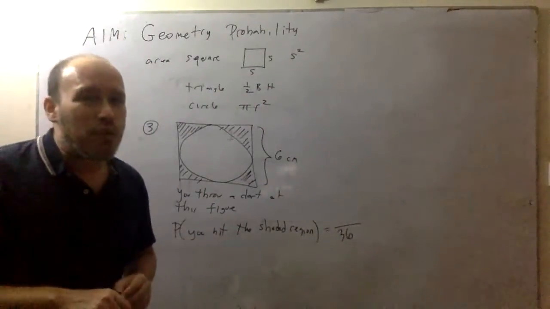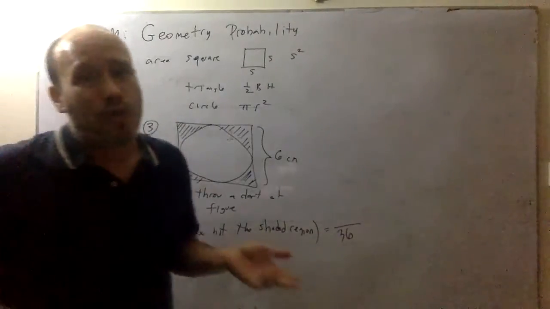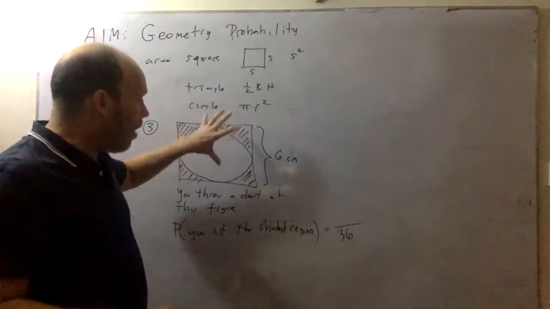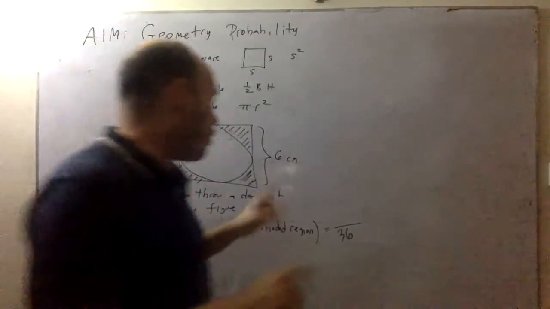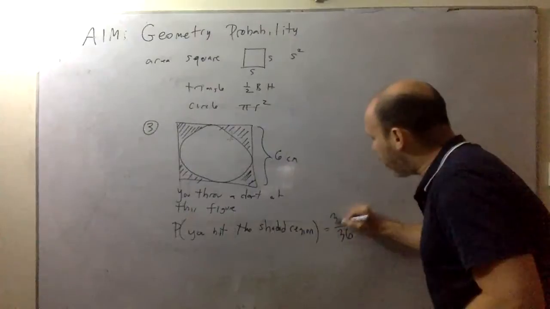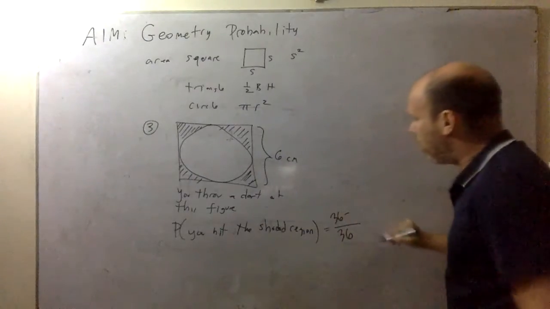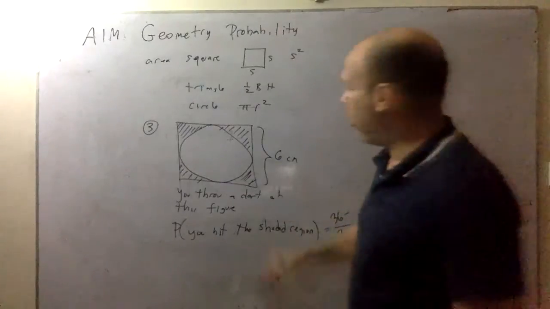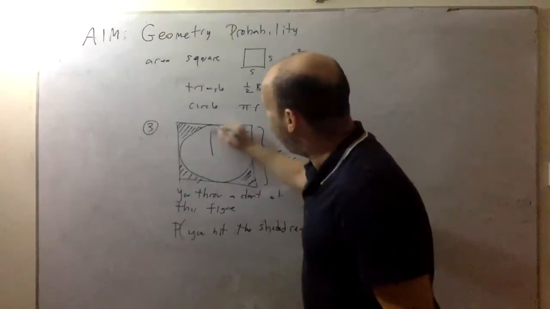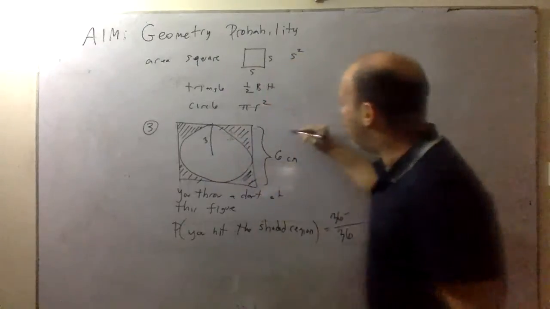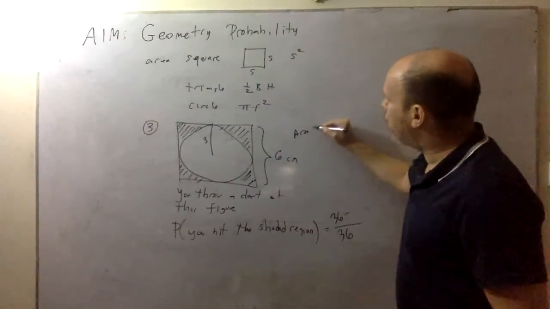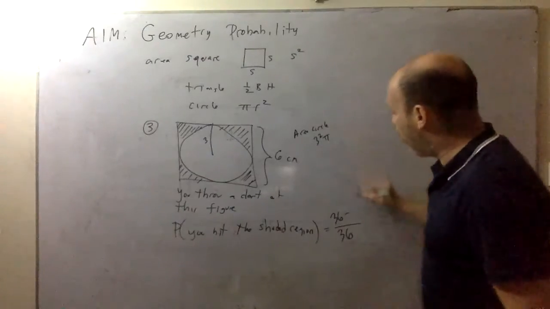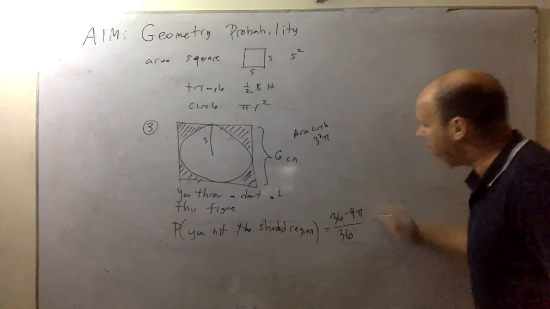But what we do know is that, like if we were in the 3rd grade and were asked to find the shaded region, we would take the square and subtract the circle. So the shaded region would be 36 minus pi r squared. If the side is 6, the radius is 3, so the area of the circle is 3 squared pi, or 9 pi.